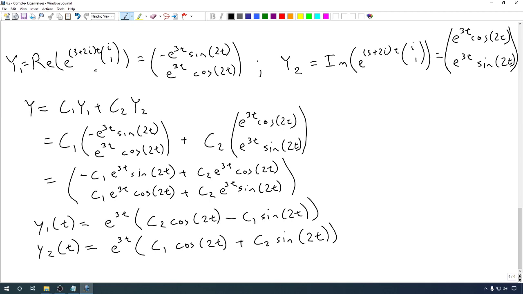So this whole linear combination thing: we have the parts from complex eigenvalues we do this way, and then the other terms we do just the technique from before where we just had the exponential functions. So this is just a part of the more general idea. But this is how we address those complex eigenvalues. We can't ignore them. We have to actually do this separate process for them.